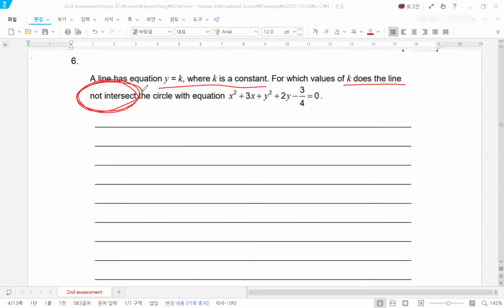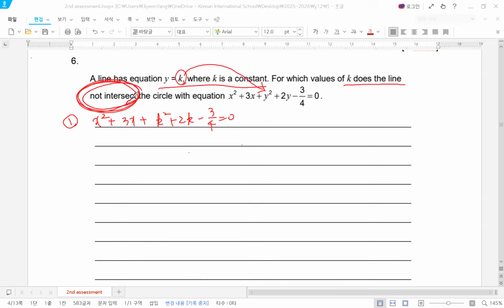The first method: since y equals k, you can simply substitute k here to make a quadratic equation. x squared plus 3x plus k squared plus 2k minus 3/4 equals 0. They say they don't intersect each other, right?